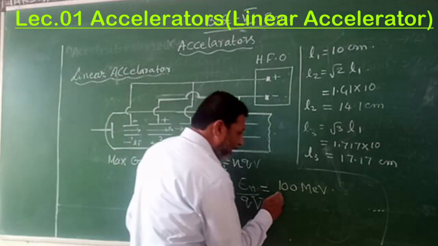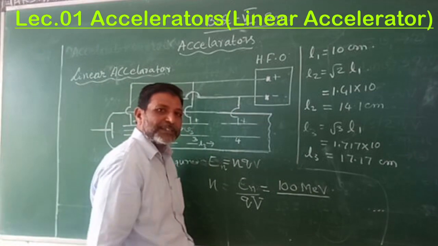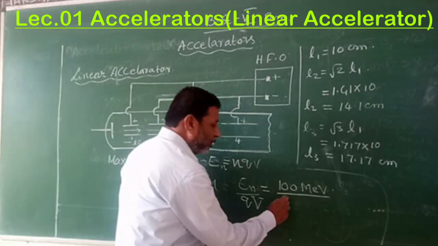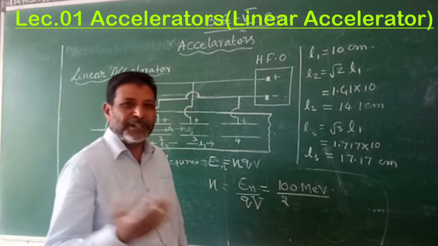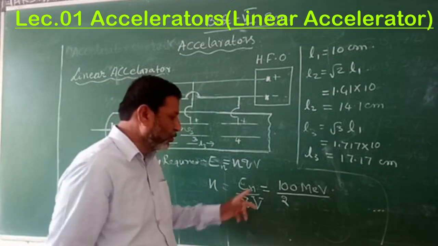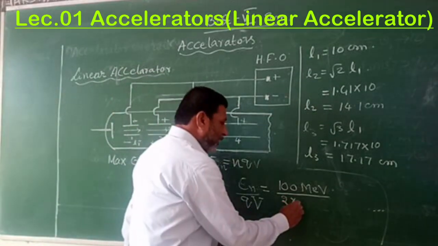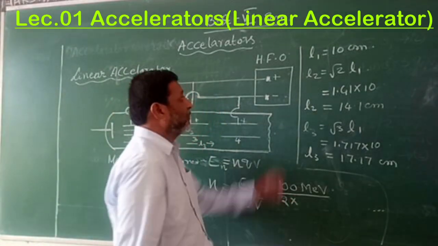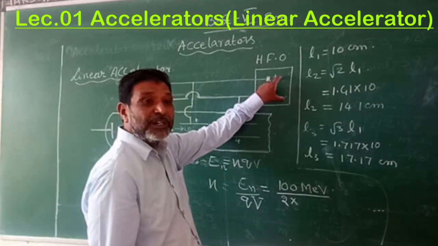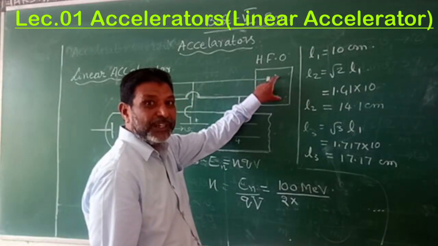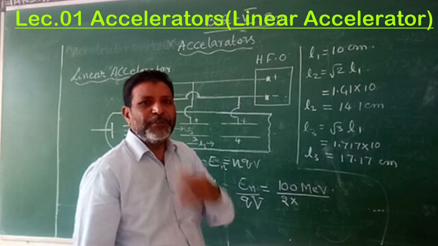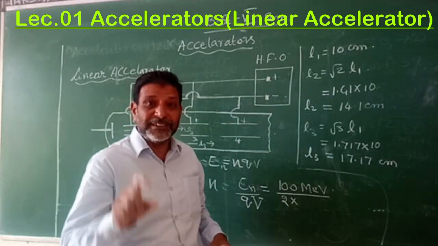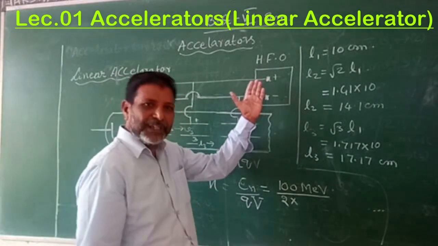For our understanding, let us consider the charge of the particle is equal to 2 coulombs. It is different in reality, but for our understanding, it is 2 coulombs. And the applied potential difference comes from the oscillator, that means the signal generator. All of you have used it in the practicals. Signal generator is nothing but an oscillator.